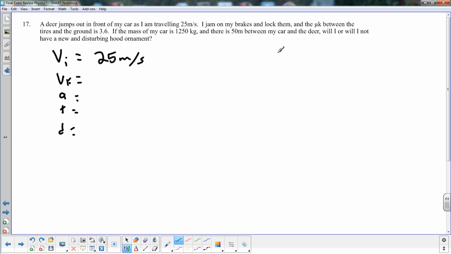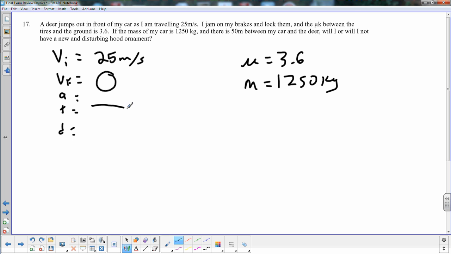I hope that my velocity final is going to be 0. I don't know my acceleration, but I know I have 50 meters between me and the deer. Don't fall in the trap of putting 50 here. The fact of the matter is, 50 meters is what you're shooting for. It's not what you're solving for, and that will become evident in a second.